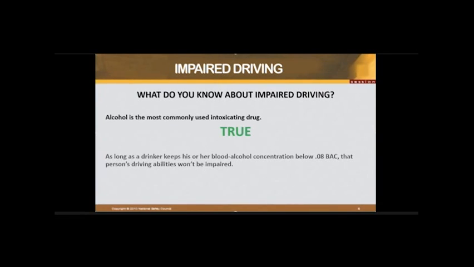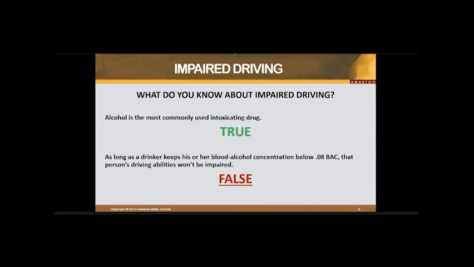Number 4, as long as a driver keeps their blood alcohol level below 0.08 BAC, that person's driving ability won't be impaired. True or false? The correct answer is false. While a 0.08 blood alcohol level is often called prima facie, evidence shows that even one drink can impair our driving ability.